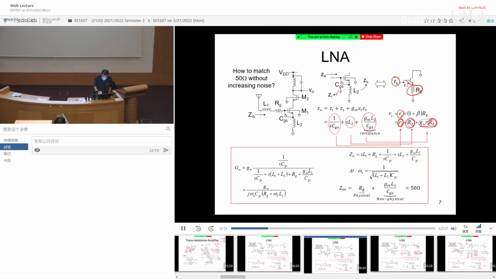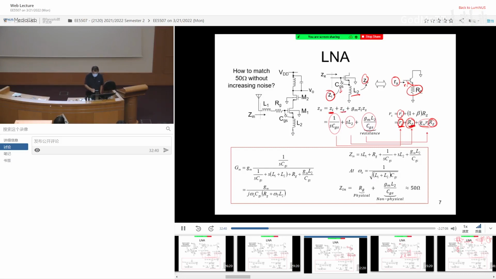So I do the same thing, a one-to-one mapping, except that now I don't have Ri. I have this instead, Zi. And I don't have Re, instead I have Zs over here. So let's do the one-to-one mapping. The first term is Ri, so I replace it with Zi. The second term is Re, so I replace it with Zs.